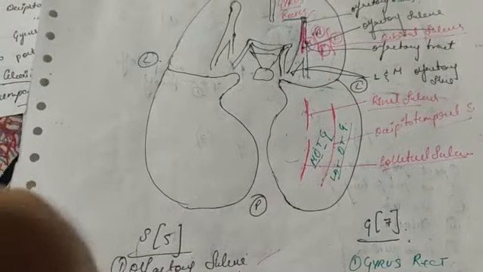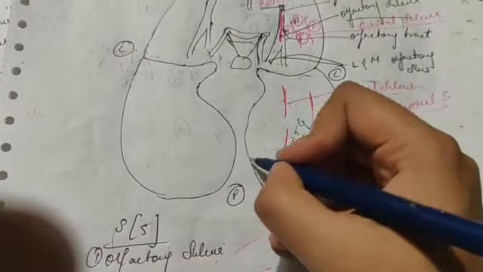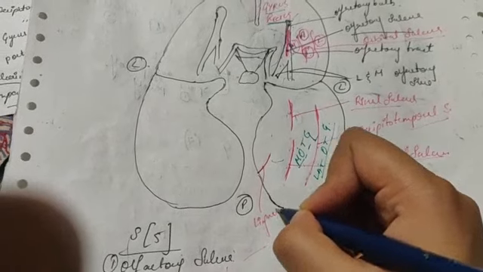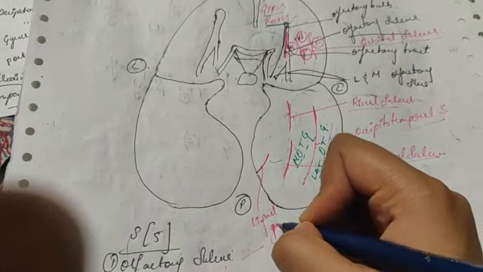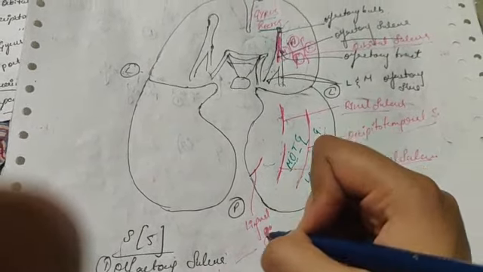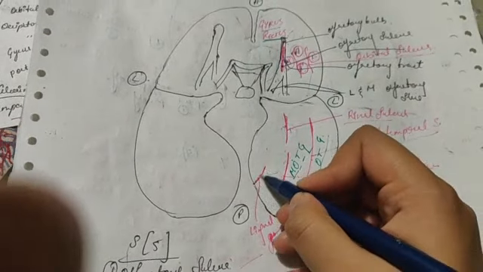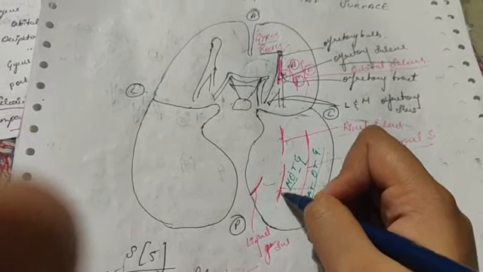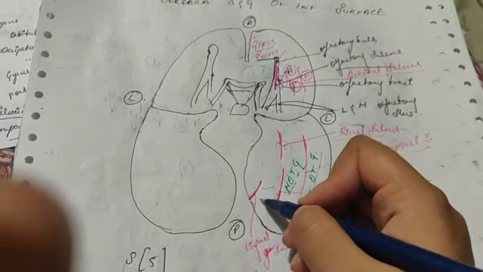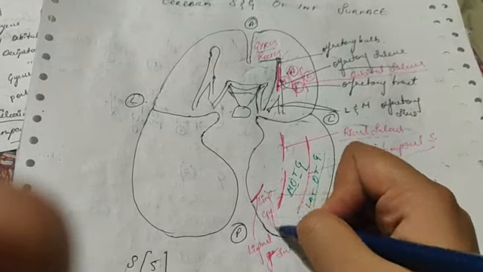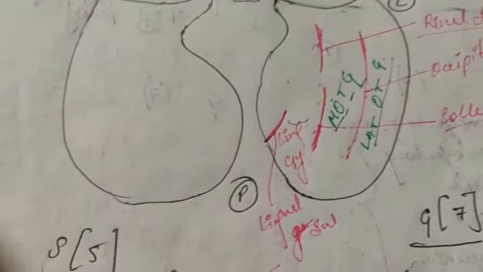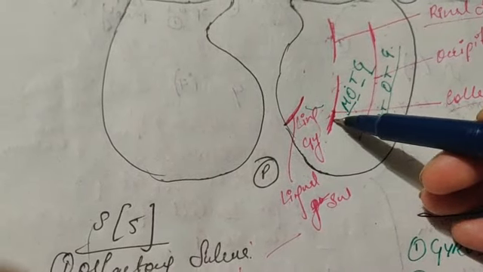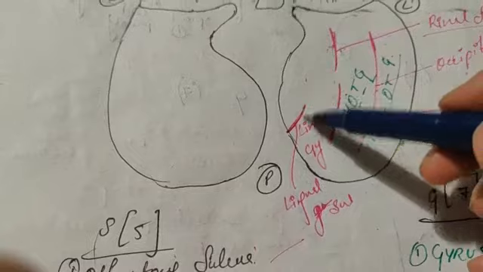here we have the lingual gyrus. So this is the lingual sulcus, and between the lingual sulcus and the posterior one third of the collateral sulcus, we have the lingual gyrus.